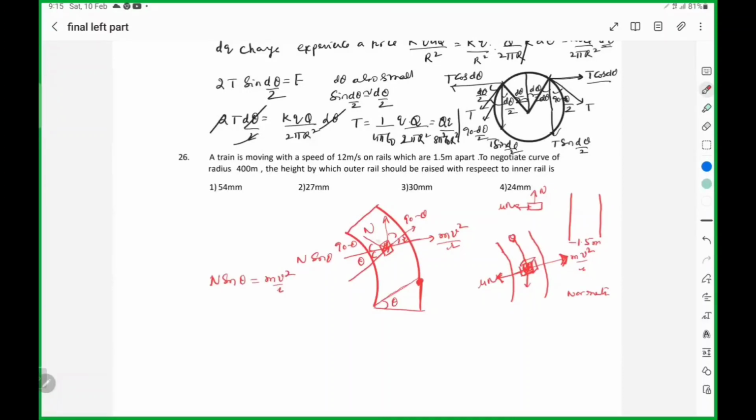This is N cos theta, which is mg. Here the normal reaction is supporting. So divide one with the other. Tan theta is v square by rg.